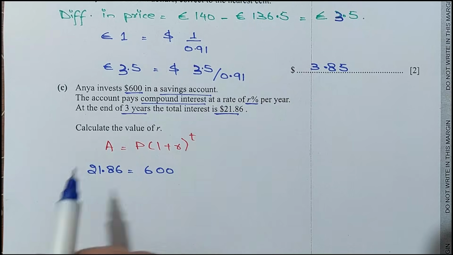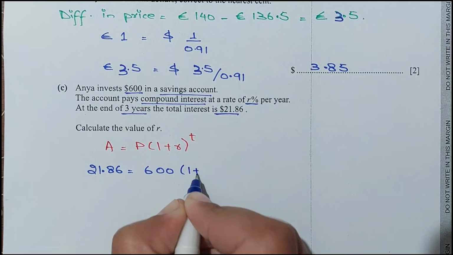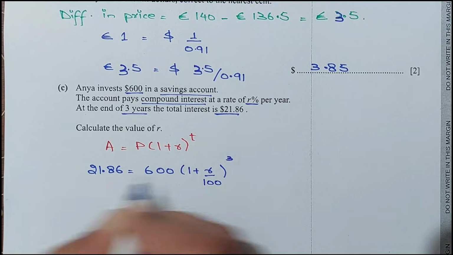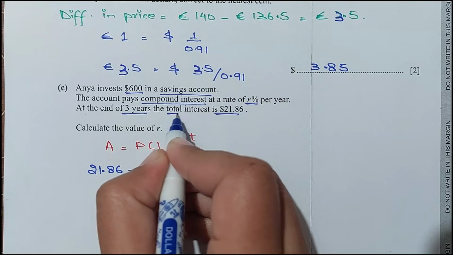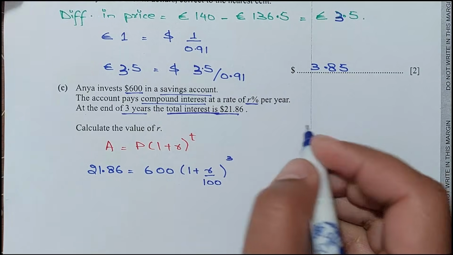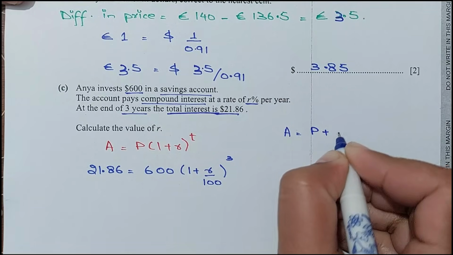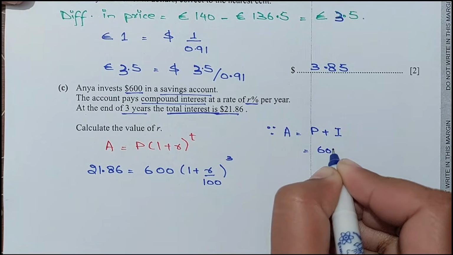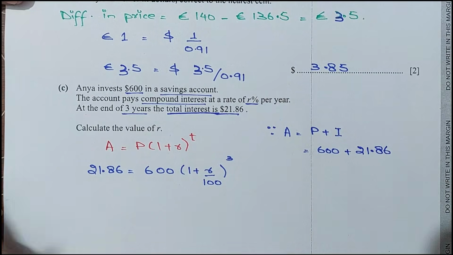Sorry, that is not the amount. The investment is 600, 1 plus R over 100, and the time is 3 years. How do we get the amount? The total interest is this much, so the amount equals the investment plus the interest. Investment is 600, interest is 21.86.